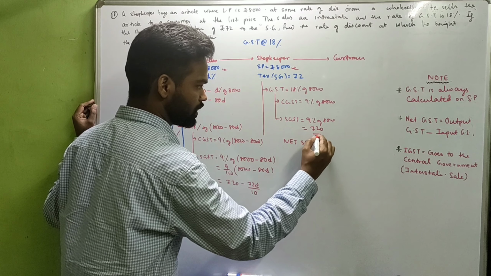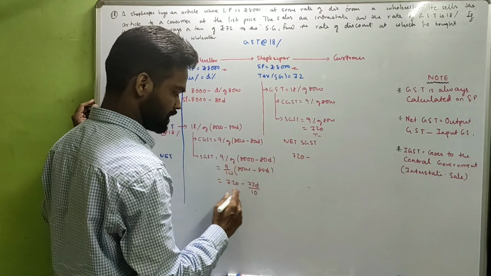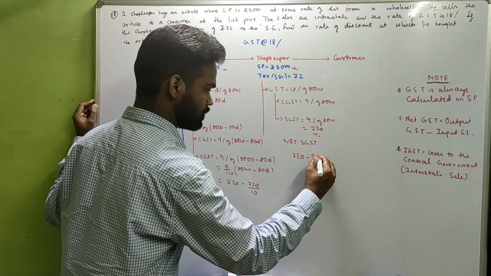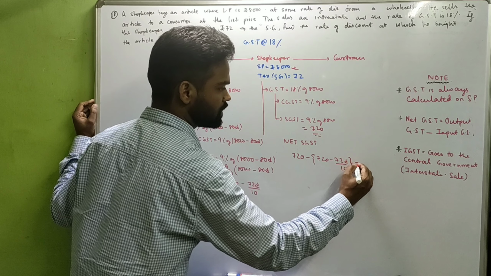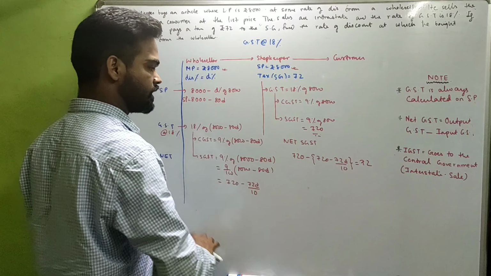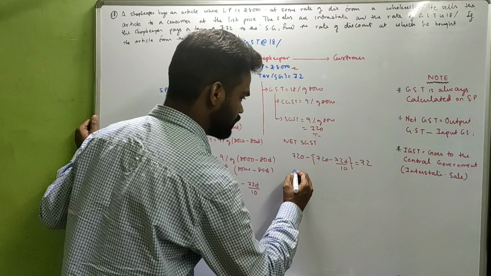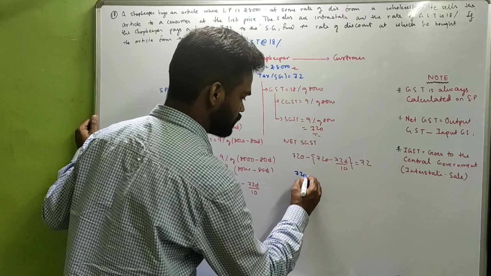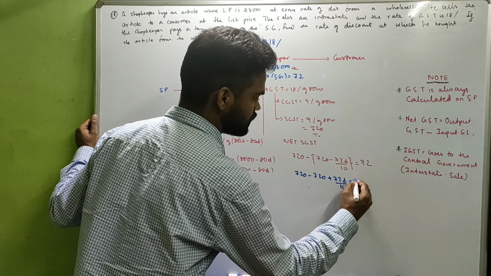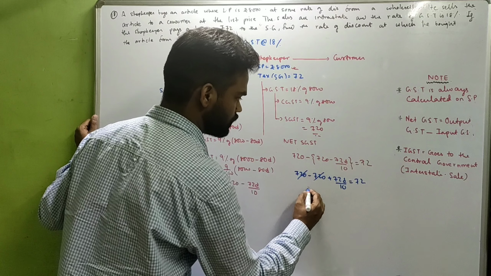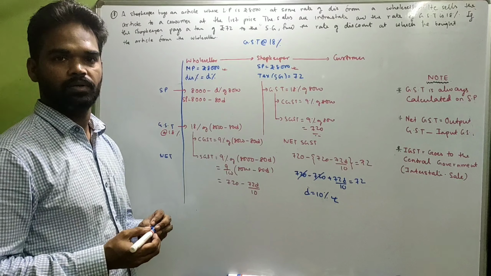Net is what? Output minus input. Am I clear or not? And this is equal to 72. They have already given us. Am I clear? Now solve it. Just open the brackets. So 720 minus 720 plus 72D by 10 equals 72, which means D equals 10%. Done. Keep it till here.